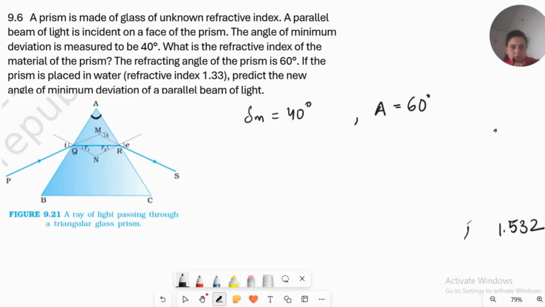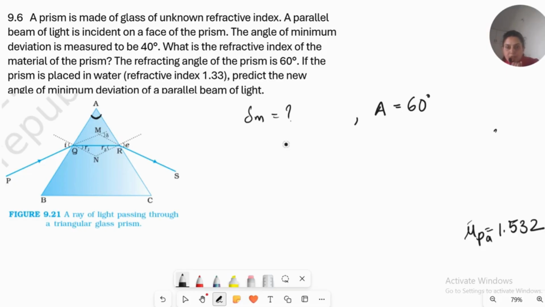This is mu of prism with respect to air. We are not given the angle of minimum deviation, but still we have the refracting angle of the prism to be 60 degrees. The refractive index of water is given to be 1.33.